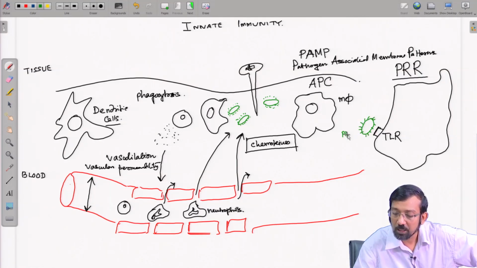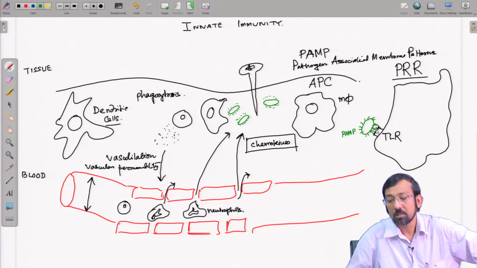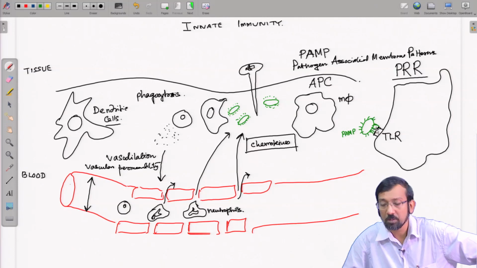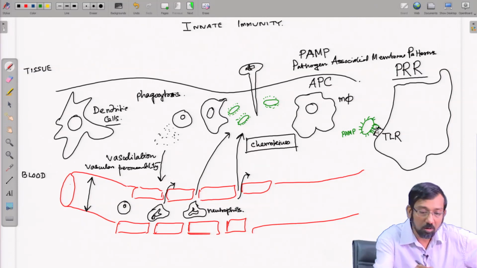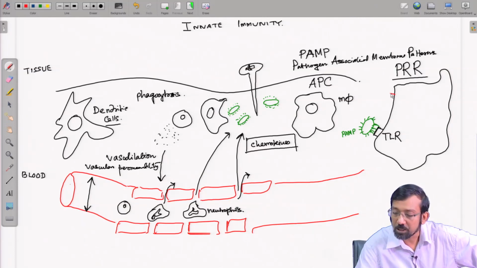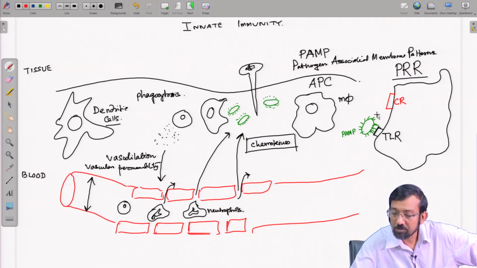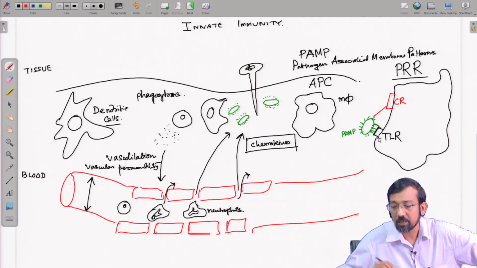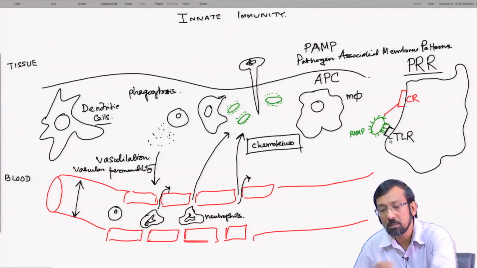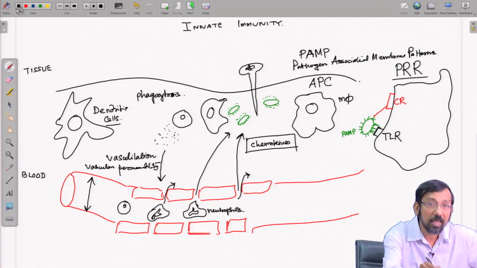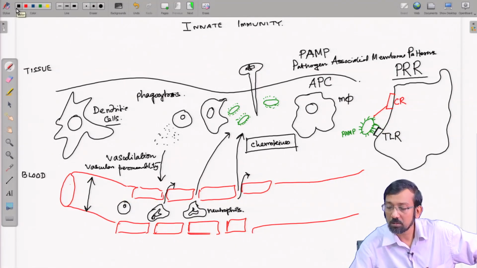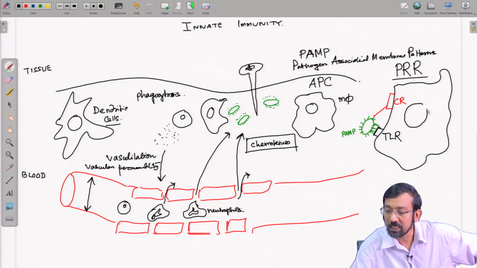So, here you have the PAMPs which are recognized by the toll-like receptors. And then there are also the complement receptors, the CRs. By virtue of these complement receptors and the toll-like receptors, these macrophages can recognize the foreign bacteria.